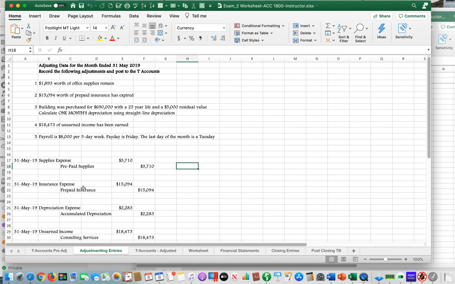You debit insurance expense, you credit prepaid insurance. Don't forget, prepaid insurance and prepaid supplies are assets. They belong on the balance sheet under current assets. Supplies expense and insurance expense are accounts that belong on the income statement. Okay, number three.